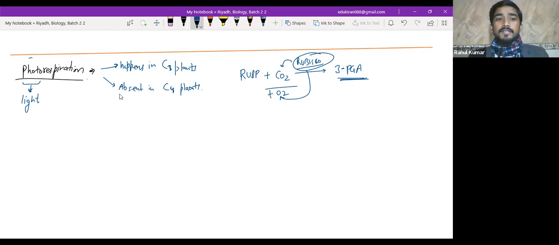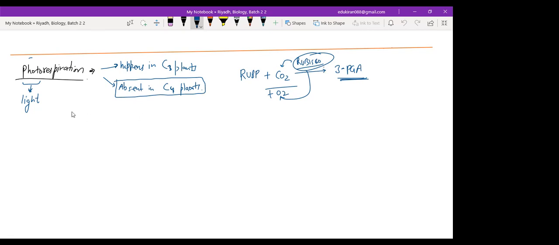And if C4 plants can get rid of photorespiration or nullify it completely, then obviously at higher temperatures and high light intensity, they can still do more photosynthesis because oxygen will not come in through photorespiration to compete with CO2. Correct?